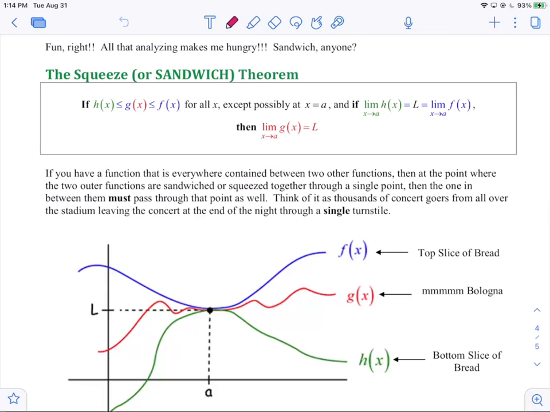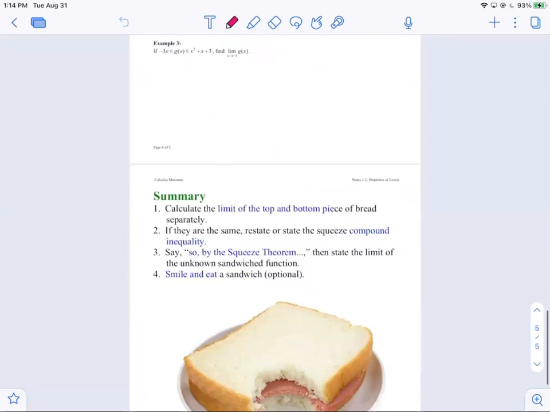So the theorem itself is not that difficult to understand. It's learning how to formulate an argument so that the theorem validates your result. And I think it's like a 3-step process I wrote down here.